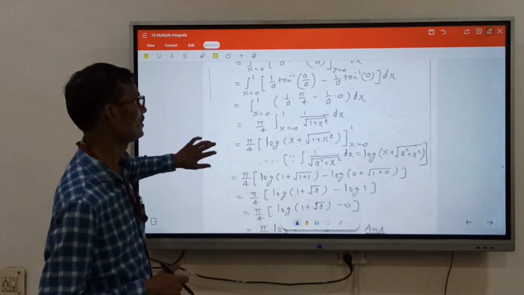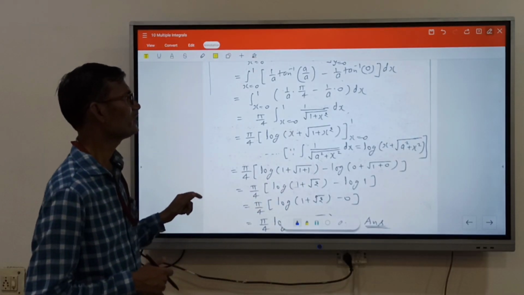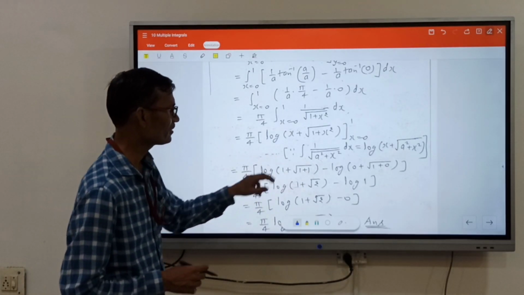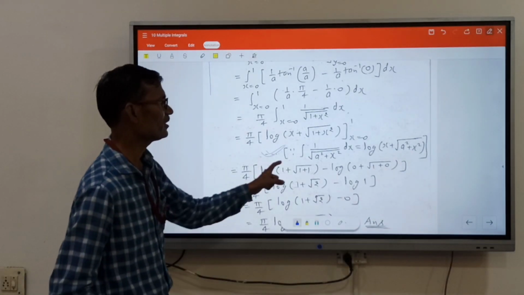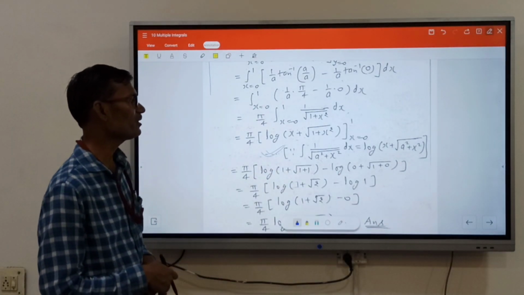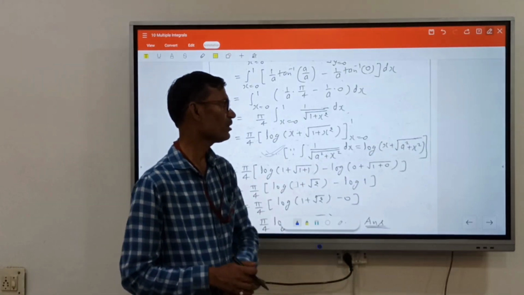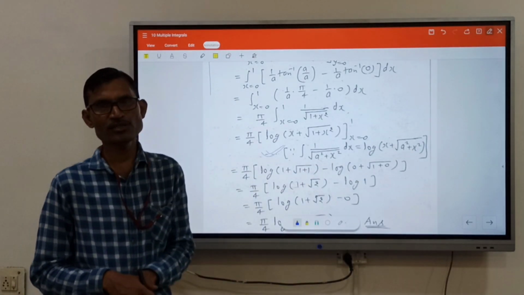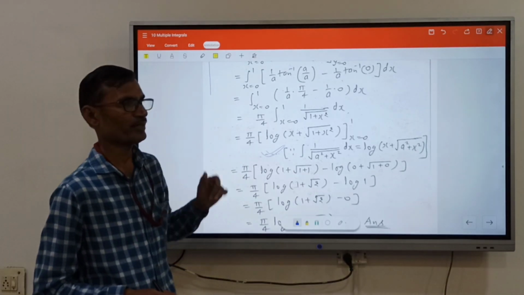We again integrate it by using the standard result: the integration of 1 upon under root a square plus x square equals log of x plus under root a square plus x square. This is the standard result which we have just applied here.